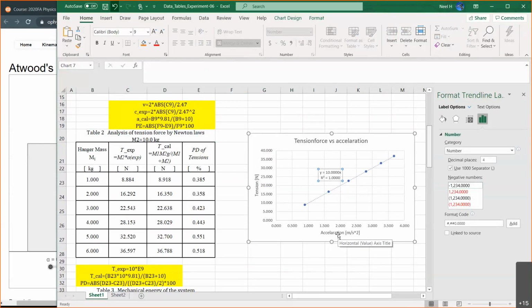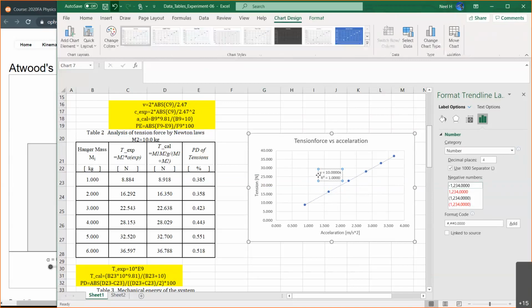Can you show the number, like extend the y to 10.00 again? How to increase the decimal places? So all you have to do is bring your cursor on top of this equation. And then you will see this line, right? Outer line, outer border, just bring it on top of the border, double click.